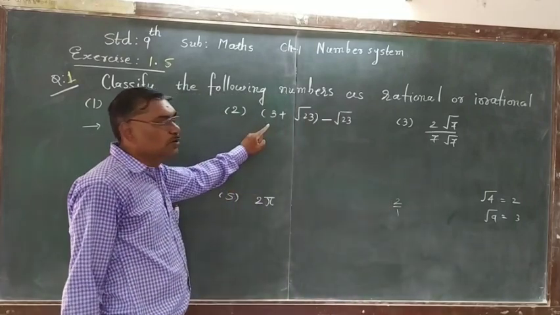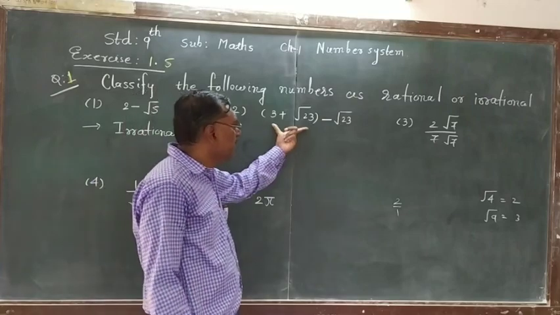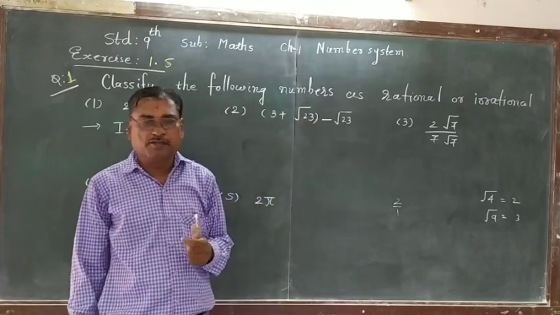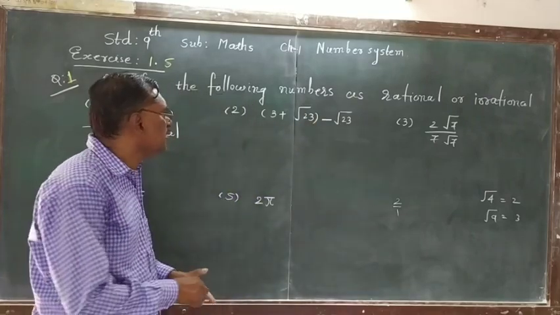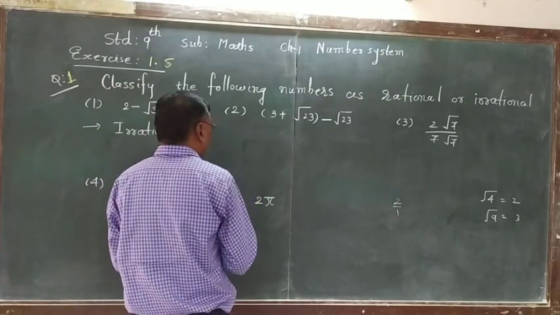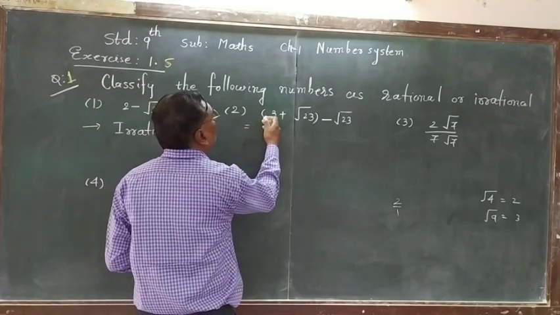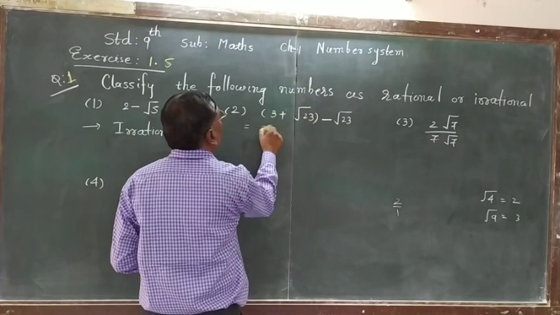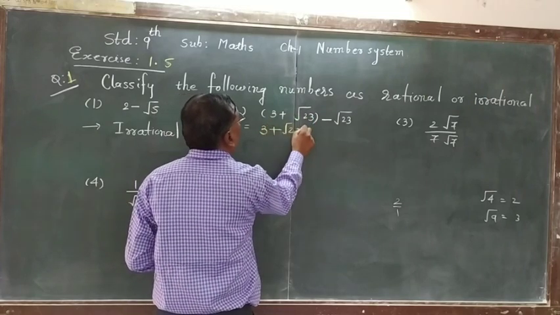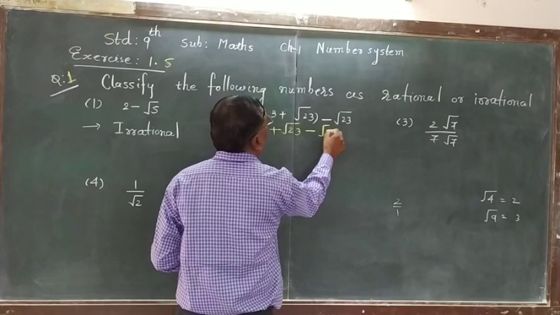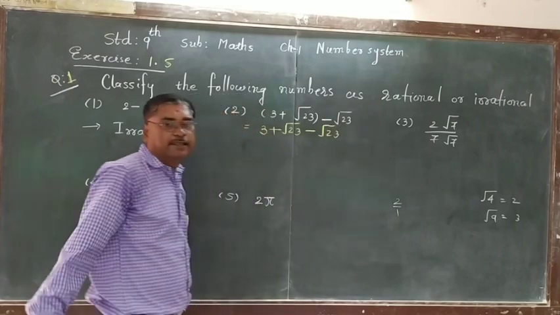Now, what about the second? 3 plus root 23 in bracket, and minus root 23. If we simplify this, expand the bracket: 3 plus root 23 minus root 23.